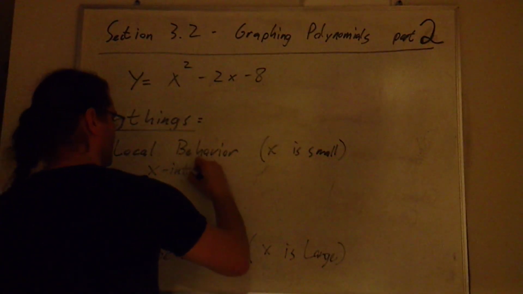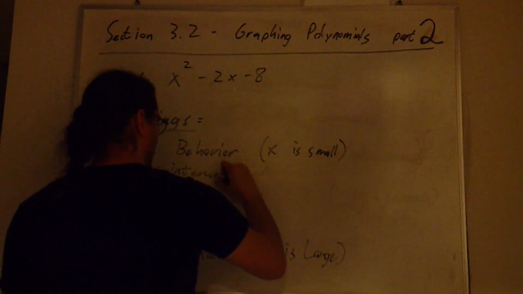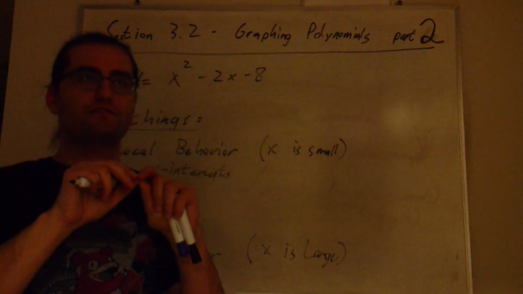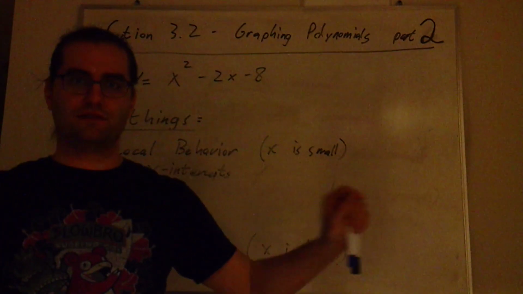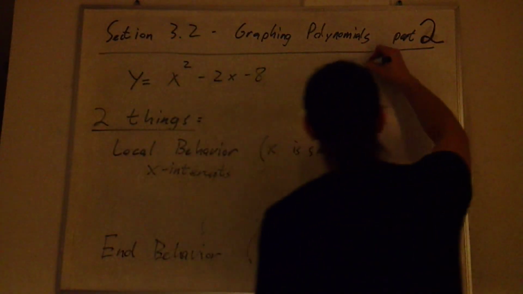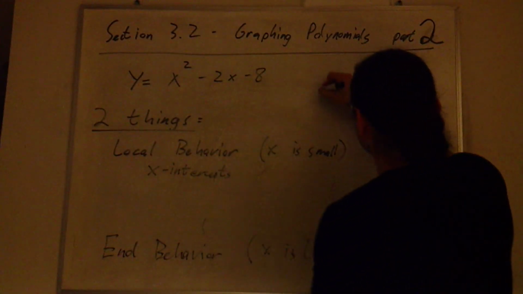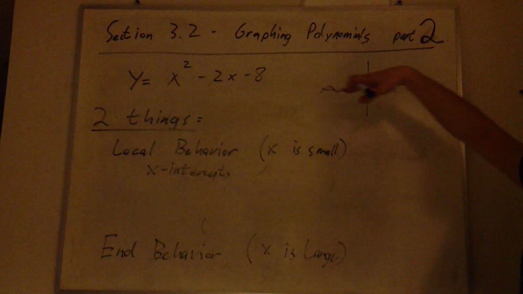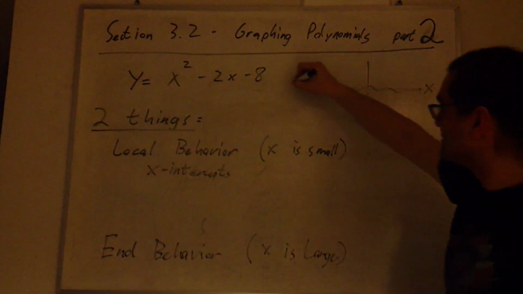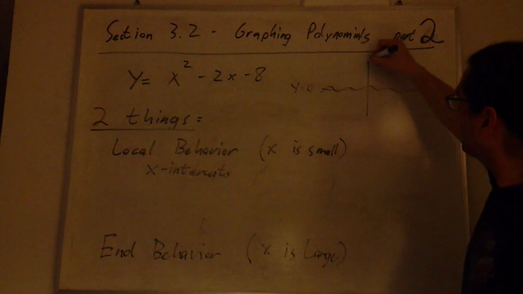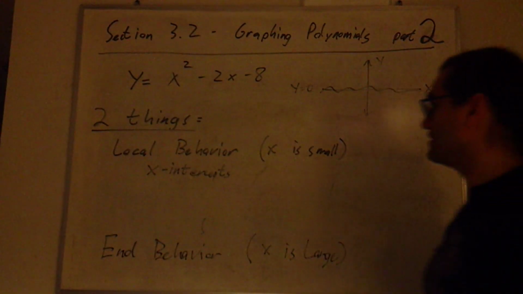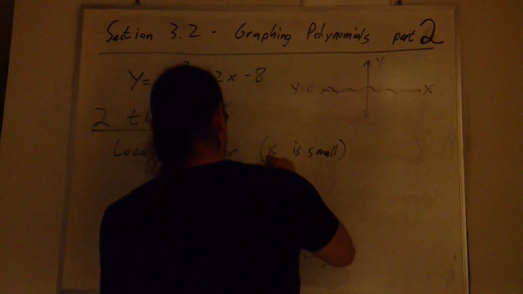X-intercepts. X-intercepts mean places where the function is going to cross the x-axis. If your function is crossing the x-axis here, that means y equals 0. That's what it means to cross the x-axis.